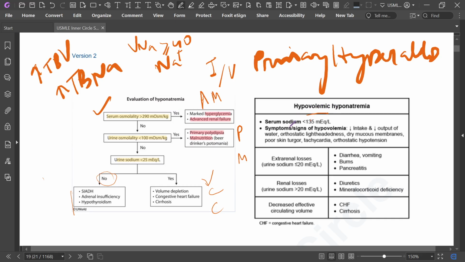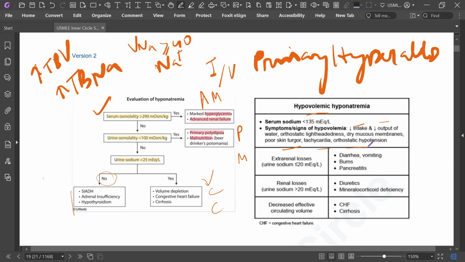Hypovolemic hyponatremia: serum sodium is less than 135, with symptoms and signs of hypovolemia: decreased intake, decreased output of water, orthostatic lightheadedness, dry mucous membrane, poor skin turgor, tachycardia, orthostatic hypotension. If it is extrarenal losses, urine sodium is less than 20.